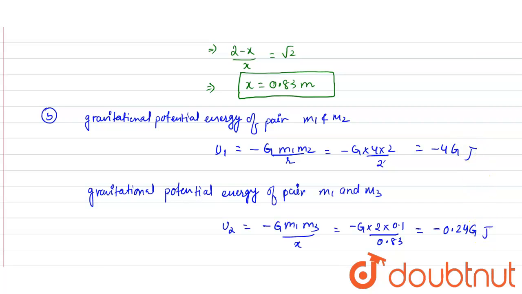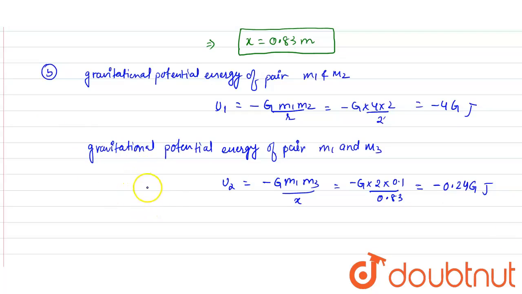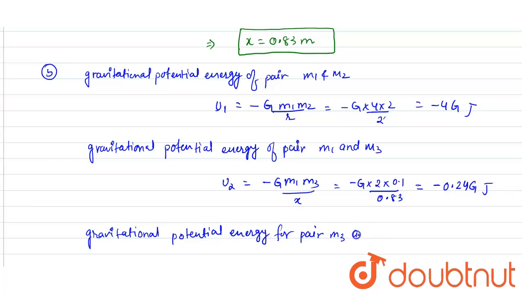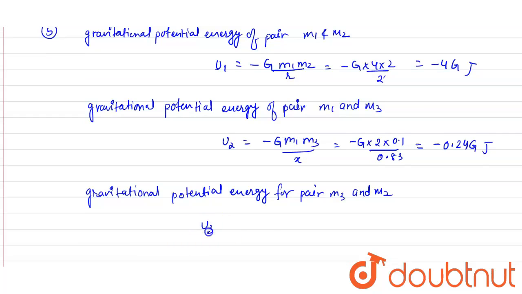Now for the pair of M3 and M2, the gravitational potential energy for the pair M3 and M2 will be given as U3 equal to minus G M3 M2 divided by 2 minus x, correct?